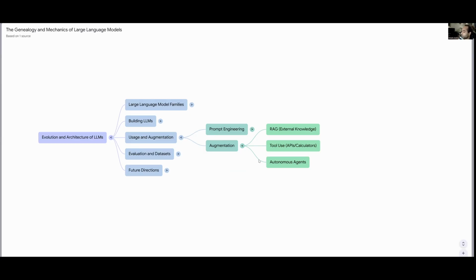And among the most used augmentation techniques nowadays, we cite the RAG technique, which stands for Retrieval Augmented Generation, where the model retrieves relevant data from external sources to add them in its context and answer the user query.